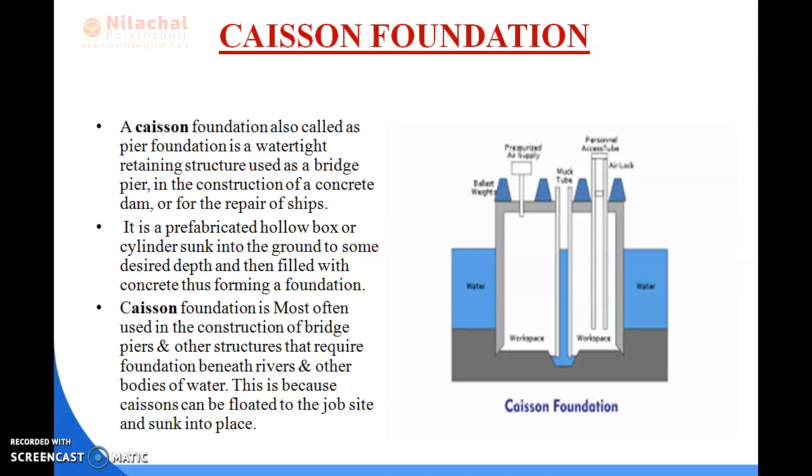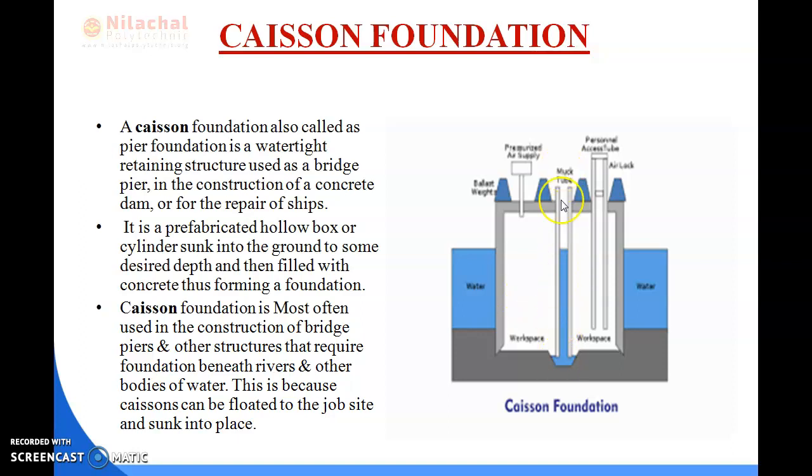Pneumatic caisson is a special type of caisson that is suitable for heavy bridges, and there is a working chamber like here, made at its lower end at the shield of the top. A pressure higher than water pressure is maintained in the working chamber with the help of compressed air.